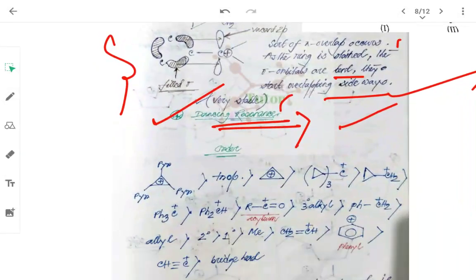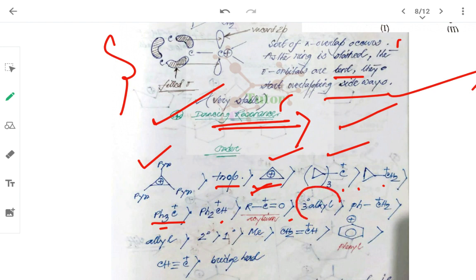Now, what is the carbocation stability order? This is highly stable, then propylium, then this, then cyclopropyl methyl carbocation 3 degree, then 2 degree, then 1 degree, then benzylic carbocation, then acylium, a notable point, then 3 degree alkyl.